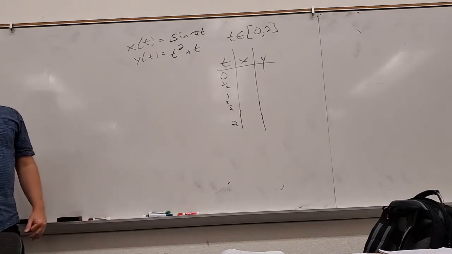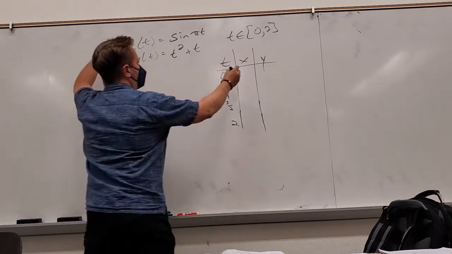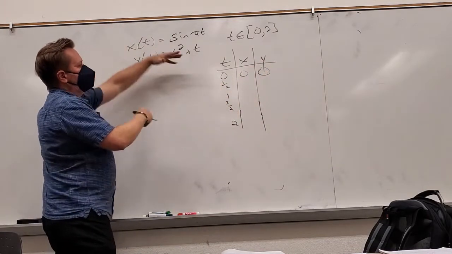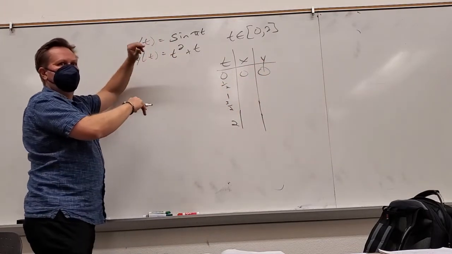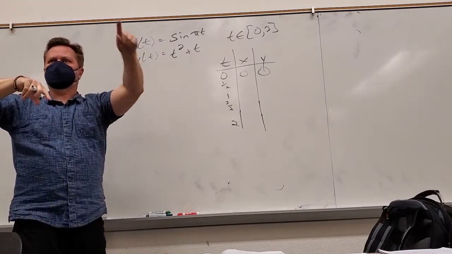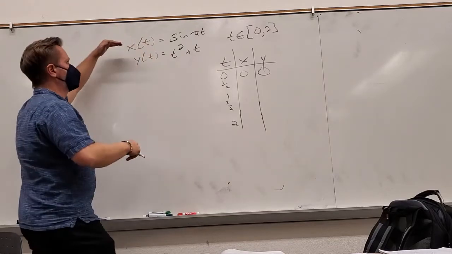So what's x at 0? 0. And what's y? 0. I can even do the quarter points, but let's see if this is enough. You might not choose enough values for t, so you might have to throw some more things in between to get better resolution.